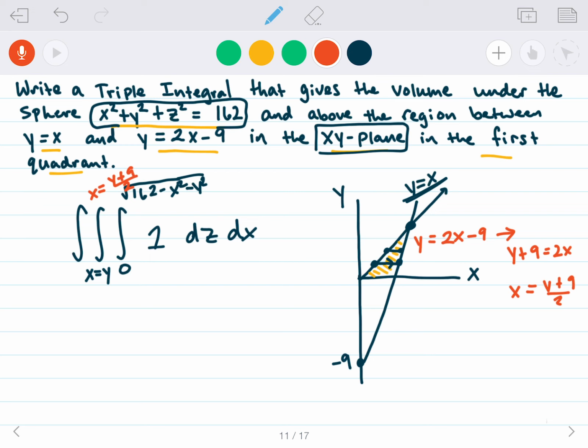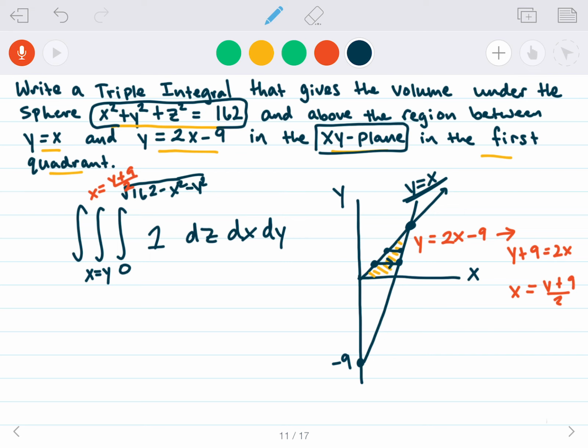And then for my y, I did this with respect to x first. Again, it doesn't matter what your order of integration is. I just thought it looked easier to look at it horizontally instead of vertically. Now my y is the last one here, and that can be a constant.